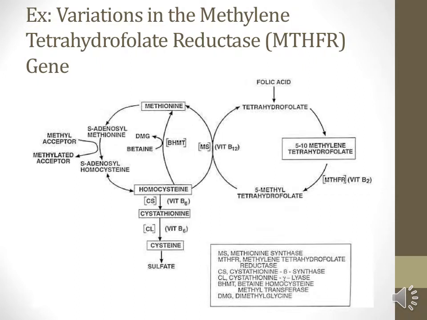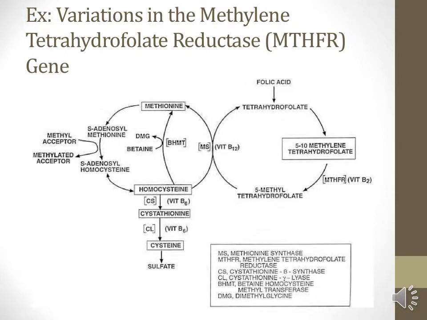And they end up with increased homocysteine in the blood, which we know is a risk factor for cardiovascular disease, and also insufficient production of S-adenosyl methionine for the synthesis of nucleic acids.